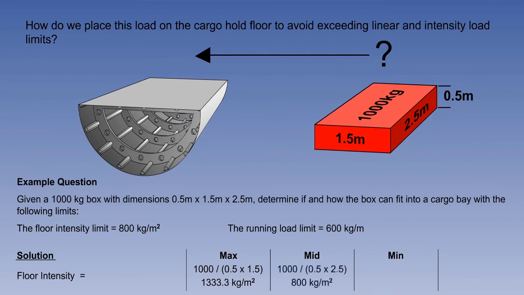To find the middle intensity load, we divide the mass, 1000 kilograms, by the middle area, 0.5 by 2.5 square meters, which results in 800 kilograms per square meter. For the third option, we must divide the mass, 1000 kilograms, by the largest area, 1.5 by 2.5 square meters, which comes to 266.7 kilograms per square meter.